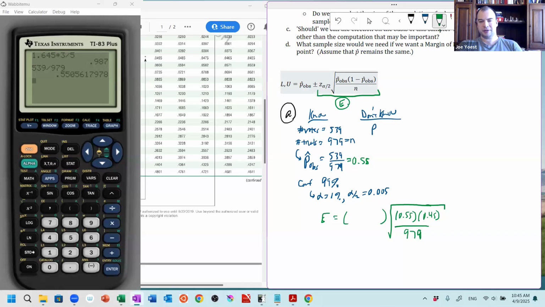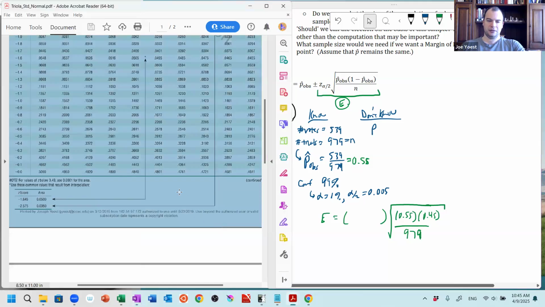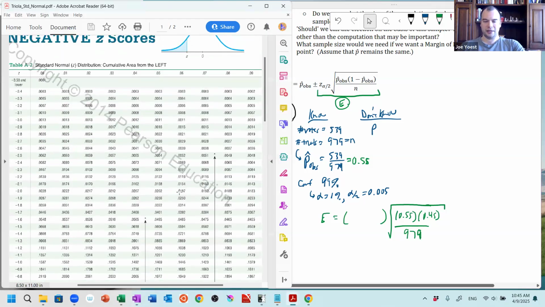Okay, so I've got that bit, and now I need the z index. So I need z alpha over 2. So 99% confidence means 99% in the middle, and then 1% combined between the two tails, or that's 0.5% in each tail. So I need the area to the right of z alpha over 2 to be 0.005, or I find an area to the left of 0.005, and then use symmetry to take that negative index and make it positive.